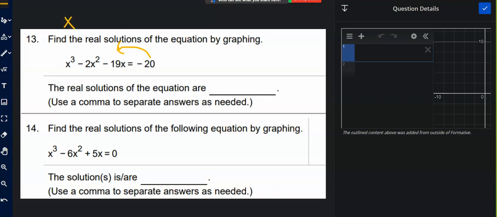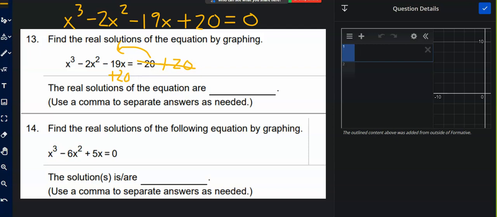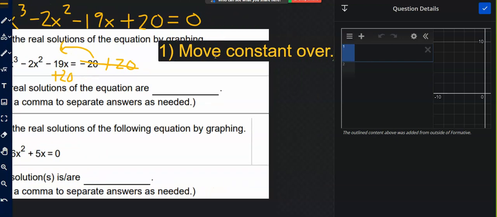So by doing that, we now have x cubed minus 2x squared minus 19x plus 20 equals 0, by basically adding the 20 to both sides, that would cancel that out, leaving you with 0 on this side. So first, move the constant over.